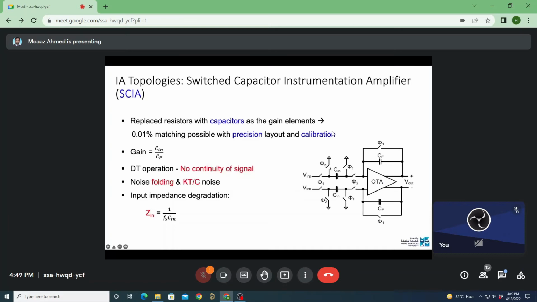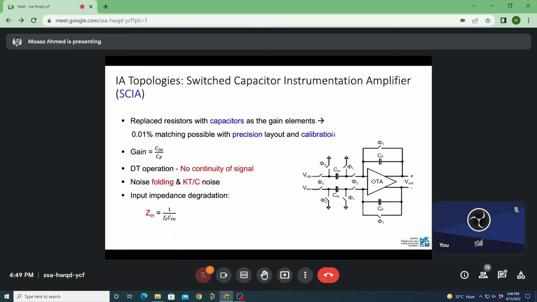This is the switched capacitor one. Here we have a set of switched capacitors that determine the gain. The gain of this amplifier is simply the ratio of the input capacitor to the feedback capacitor. Typically in integrated circuit designs, it is usually easier and better to have capacitor matching.